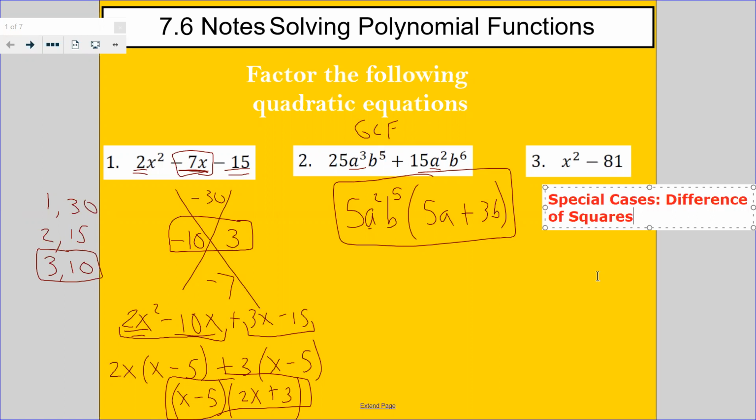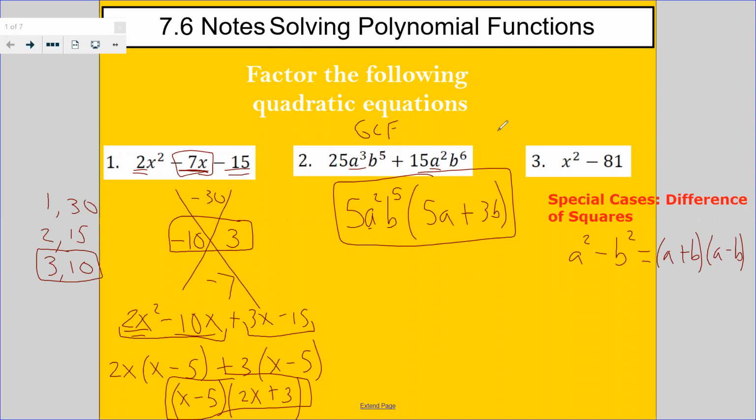Difference of squares, meaning I have something to the second power minus something else. And a and b could be any numbers, right? A just means something to the second. B is some other thing to the second power. And when I have something in this form, I can factor it to be a plus b and a minus b.